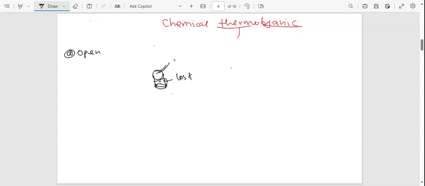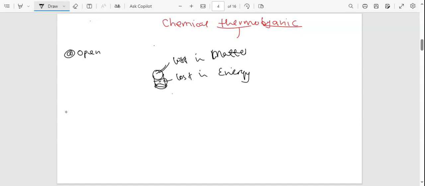The matter will reduce and the energy will reduce. They will be lost spontaneously. So both are lost in the open system.